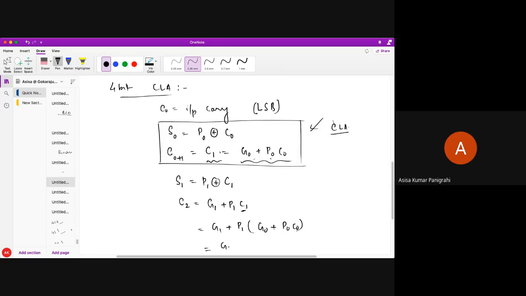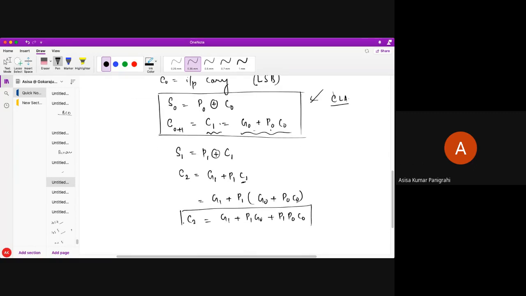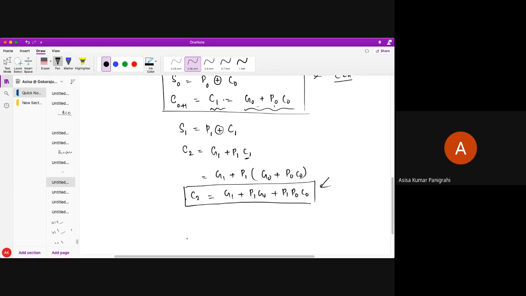Can I write here G1 plus P1 G0 plus P1 P0 C0? So my C2 is already ready even for starting the next bit operation. That is the reason it's called the carry look ahead adder.